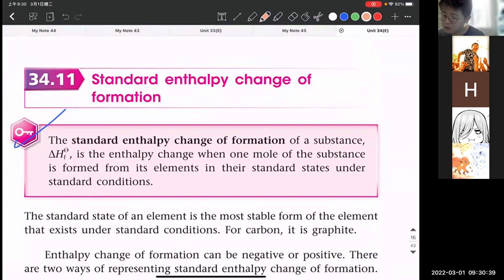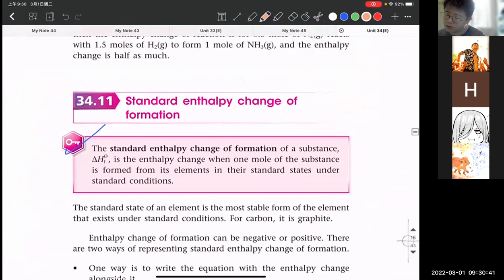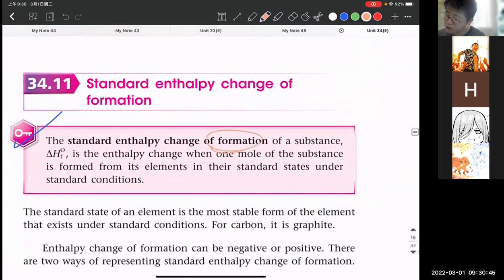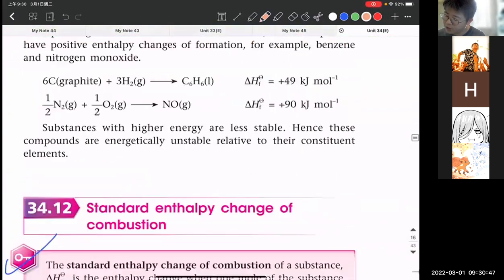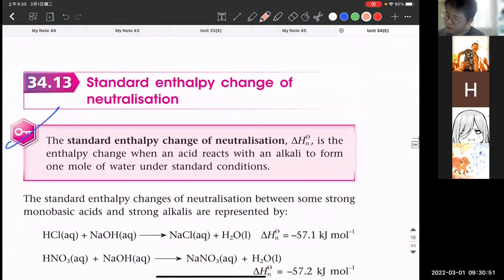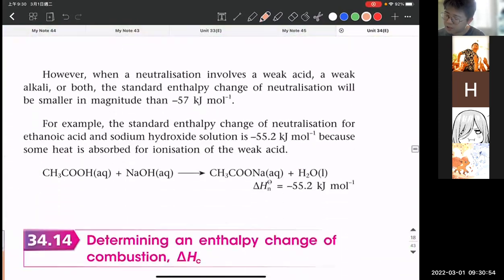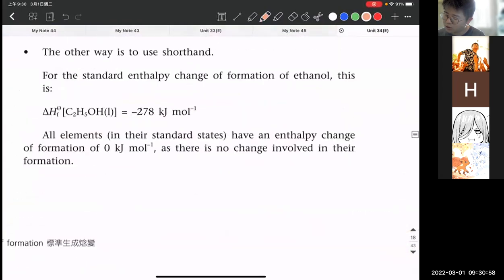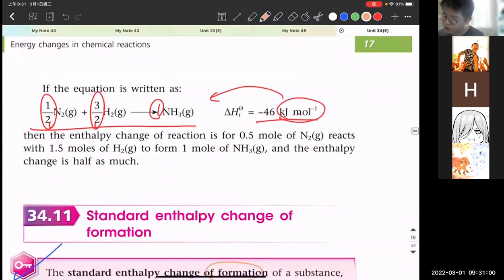Now your turn. Take a look at these enthalpy terms: standard enthalpy change of formation, standard enthalpy change of combustion, standard enthalpy change of neutralization. Can you see those 3? So what are the common points when you talk about the definition? Take a look at that.